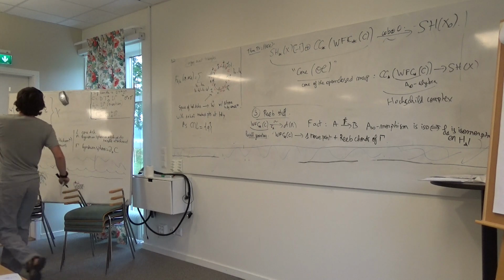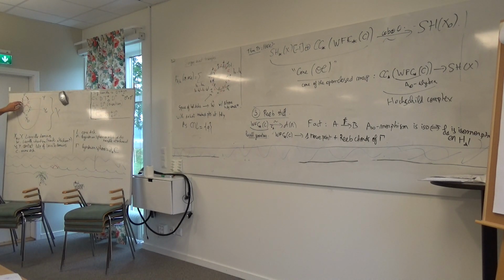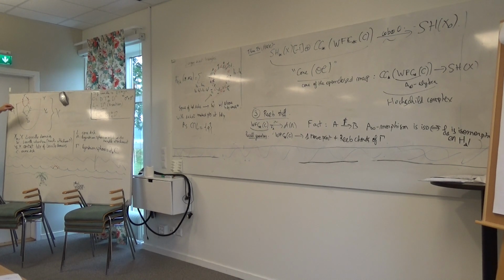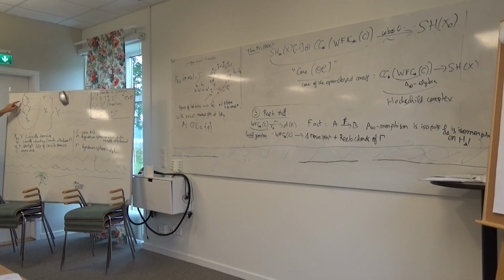So I have this C, which is a disk, and I want to compute its wrapped complex. I have one Morse point that comes from Dn, where I choose a Morse function on Dn, and the other generators are the Reeb chords of gamma.